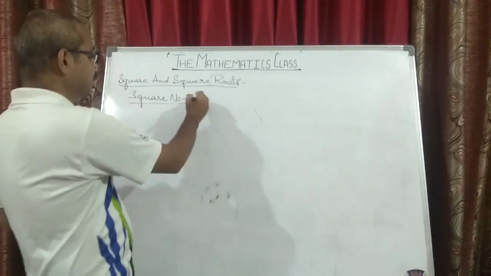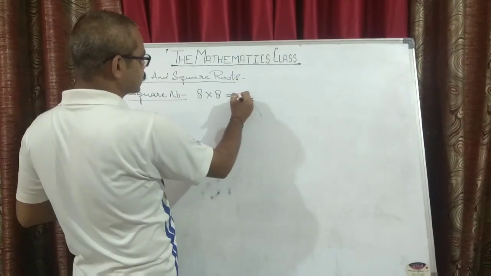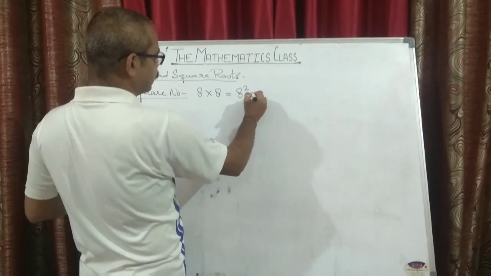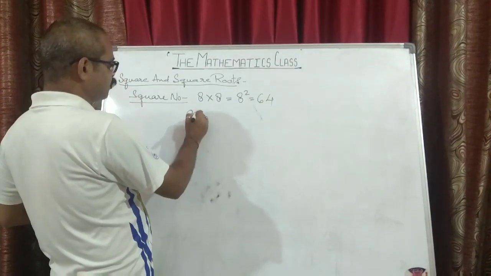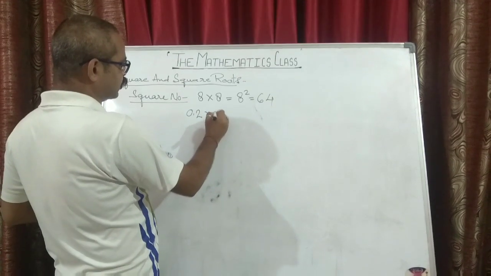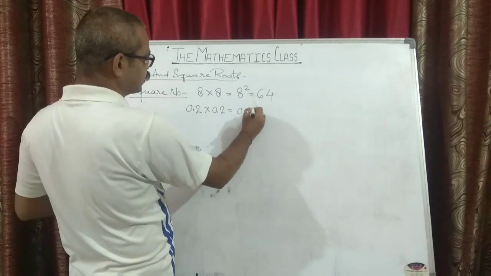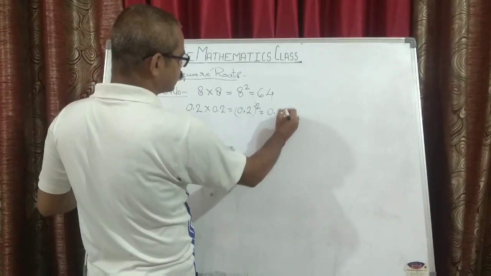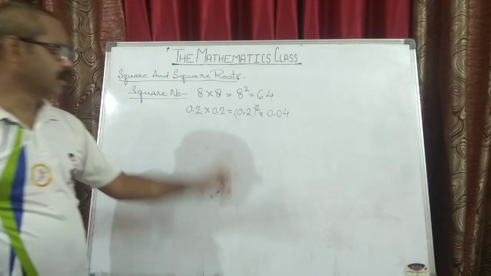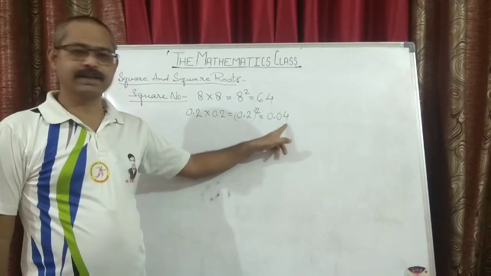Suppose I say 8 into 8, that is 8 square, it means 64. Suppose I say 0.2 into 0.2, that is 0.2 square, and that is 0.04. A number multiplied to itself is the square of itself, and that gives the value.